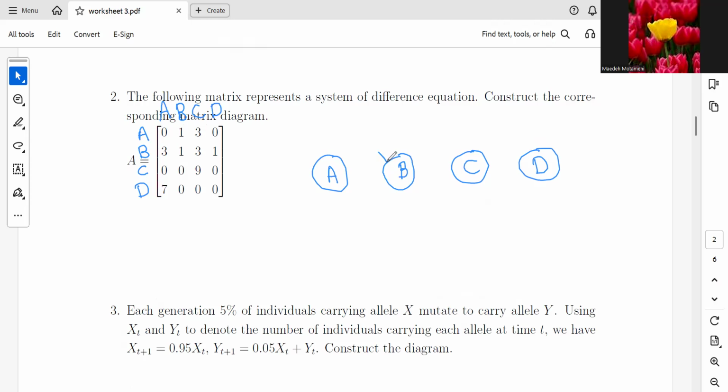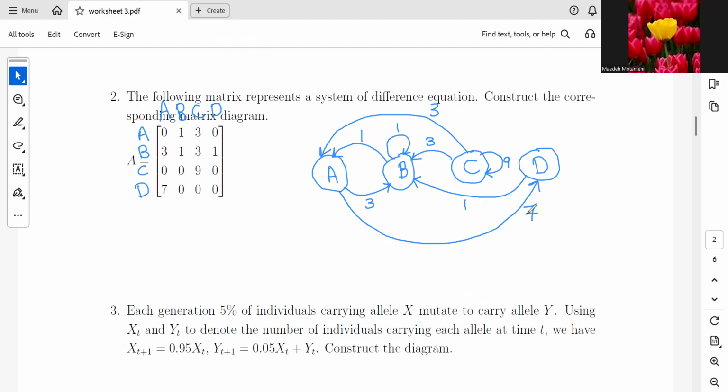So B to A with value 1, C to A 3, and that's it for the first row. Second row, A to B 3, B to B 1, C to B 3, and D to B 1. Third row, only C to C with number 9. And the last one, only A to D with the number 7.